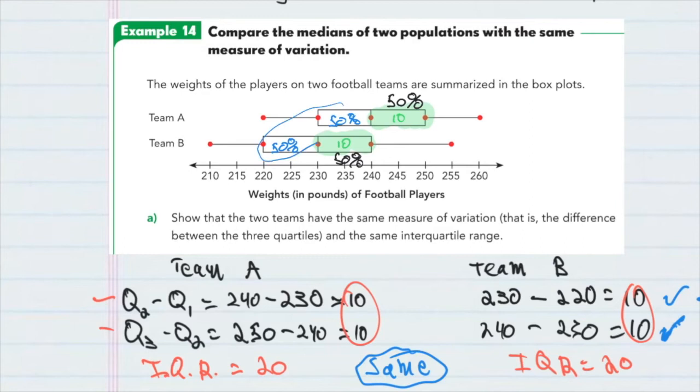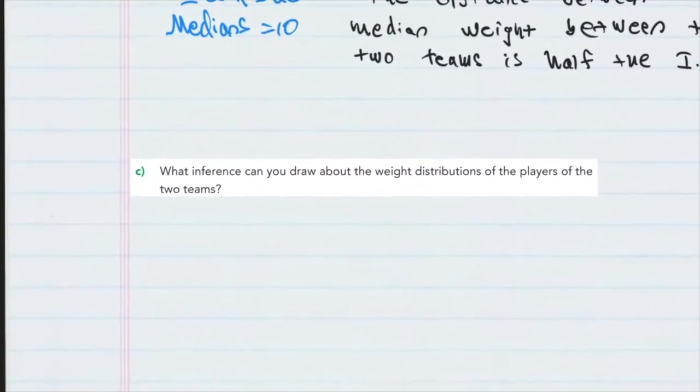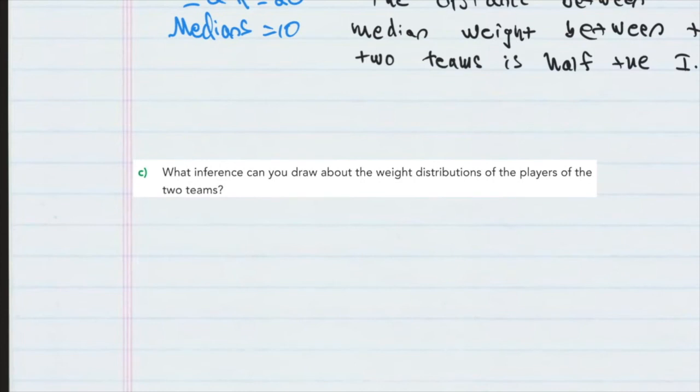So in general, when we look at these two teams, team A is going to be heavier. So that's an inference that we can say, okay? So that's what I would write down. And then it could be different answers and different inferences that you see.